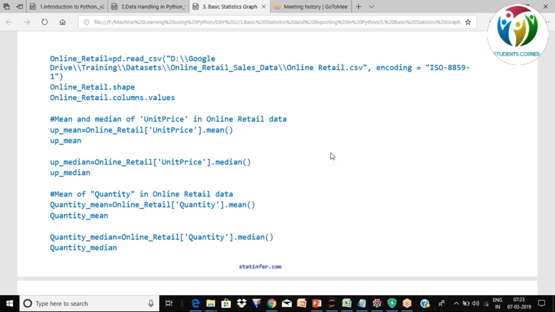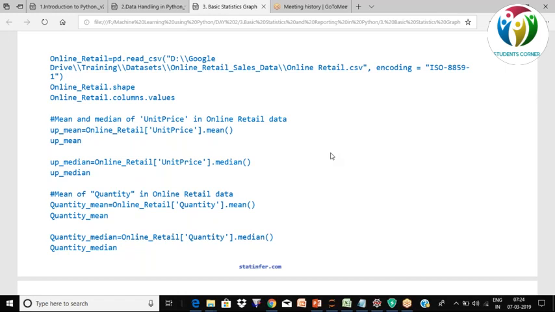That in the data you have a lot of outliers. Otherwise, mean and median should be the same or close to the same. But when there is a huge difference between mean and median, one thing you can conclude is that in the data there are a lot of outliers. That's why mean and median are giving two contrasting values.